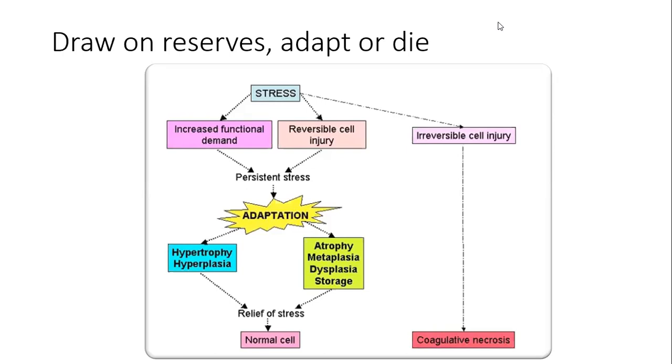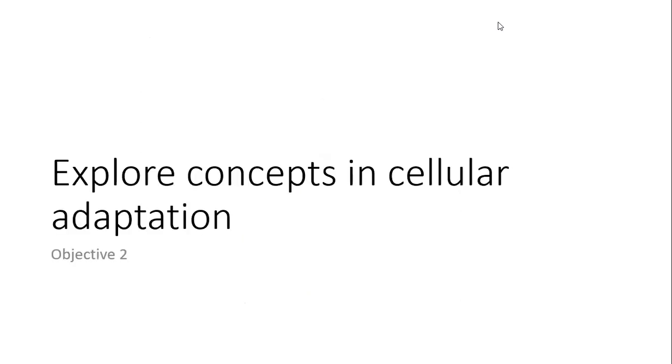If the stresses are relieved, the cell goes back to normal. If the stresses are not relieved, then you have irreversible cell injury and eventually cell death. And we're going to talk more about all this stuff. So on to objective 2, explore concepts in cellular adaptation.